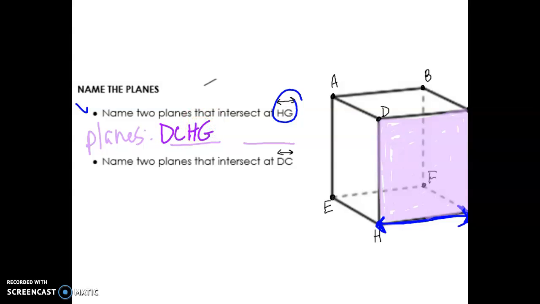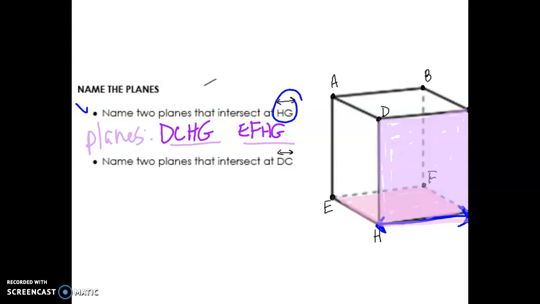Then we're going to be looking at this back plane, and I know they overlap. Hopefully the colors help you see it. We're talking about the bottom part of our cube, which comes right up along this front bottom line of HG. So labeling that second plane, we would say EFHG.